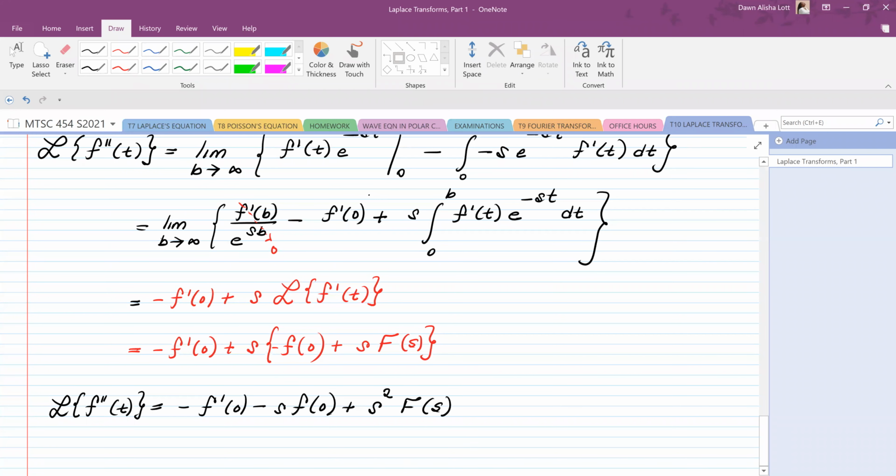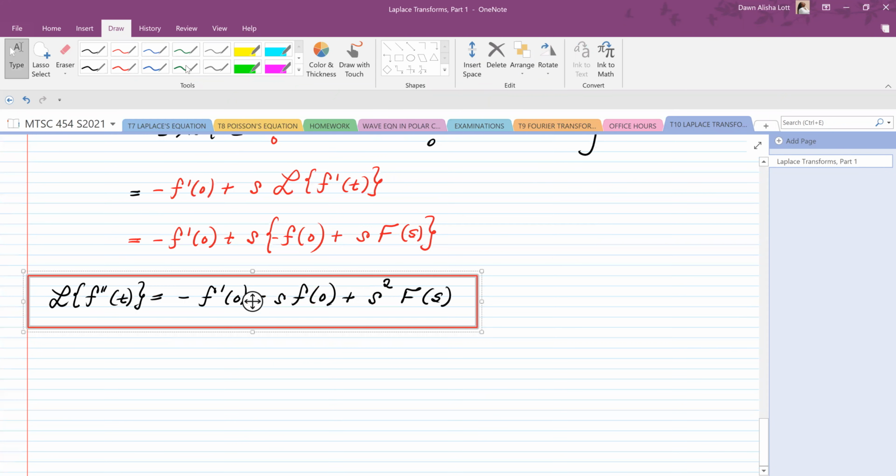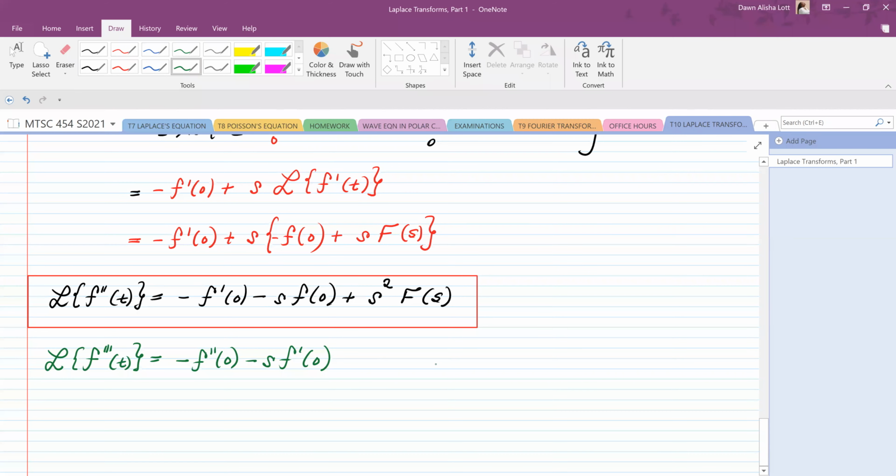And in fact, we have a recursion formula. If we take the Laplace transform of f triple prime at t, it's going to be minus f double prime at 0, minus s times f prime at 0, minus f at 0, plus s cubed times F of s.